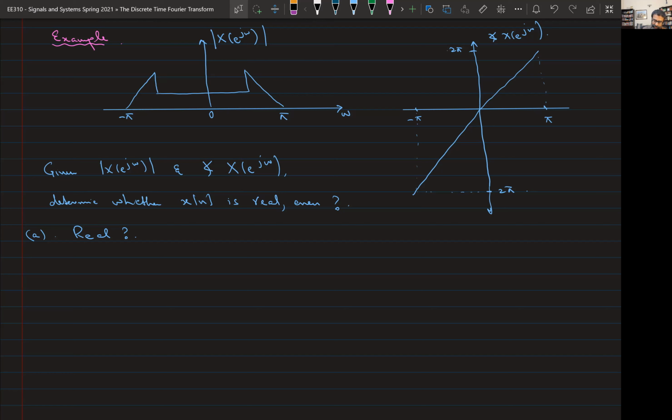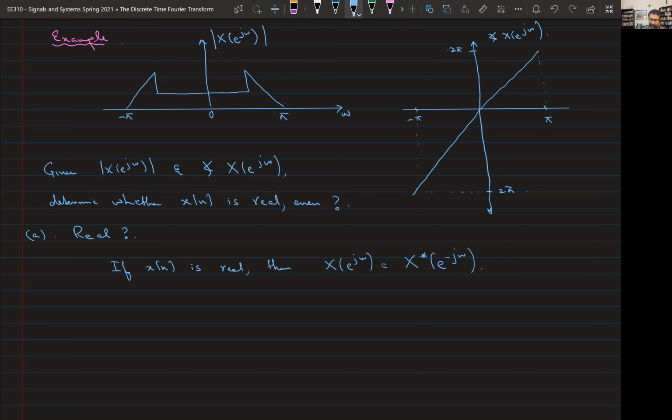All we know is that if x of n is real, then we know that x of e raised by j omega must be equal to x conjugate of e raised by minus j omega, right? So this is something we know, right?